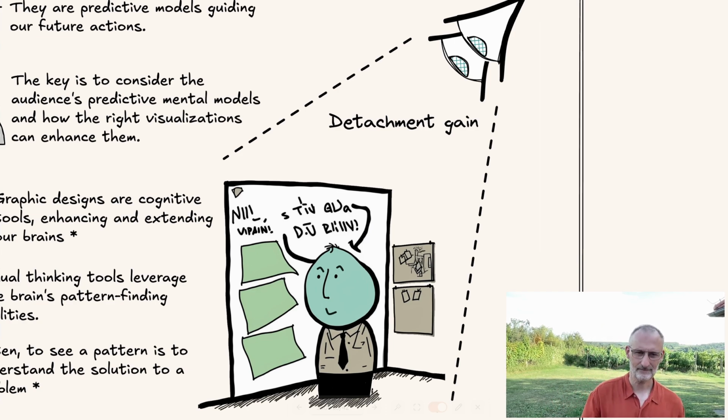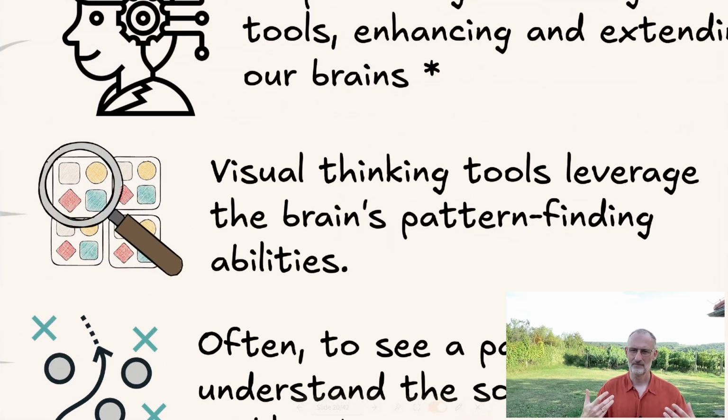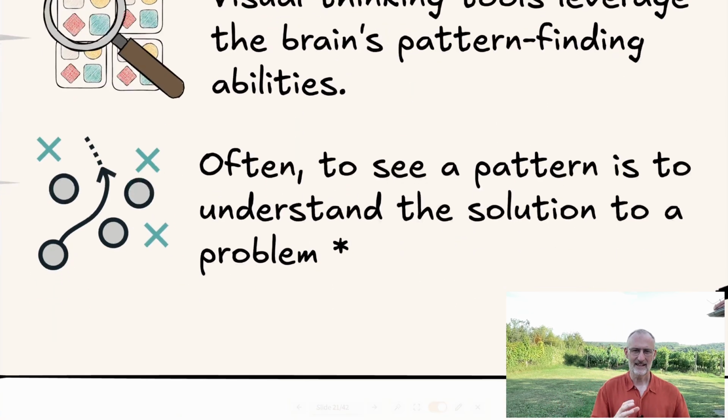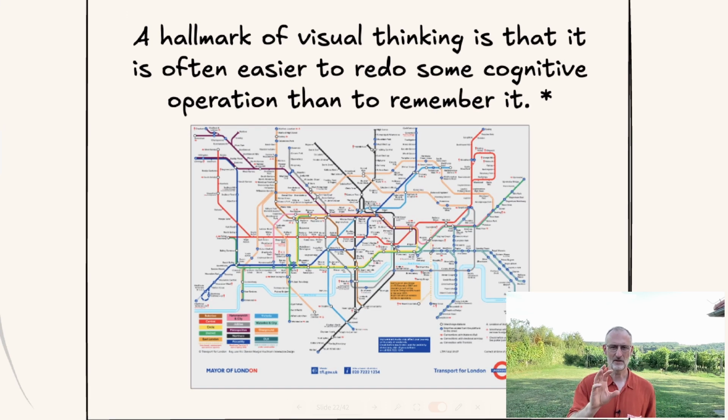That's the detachment gain. Now, visual thinking is always about pattern finding. It uses your brain's pattern finding abilities. And very often, to see a pattern is to understand the solution to a problem. Think of a map.